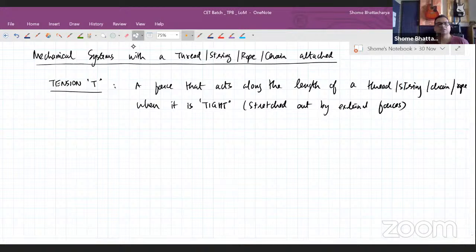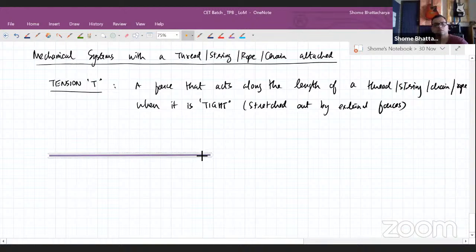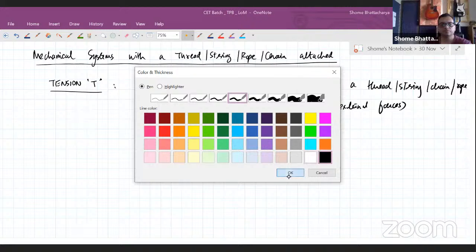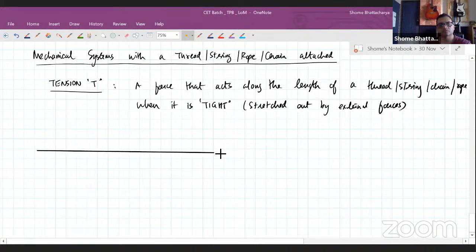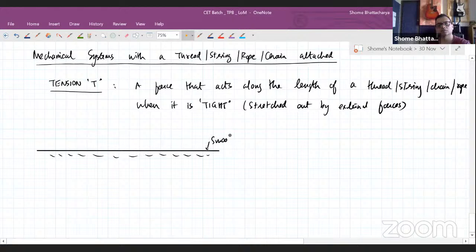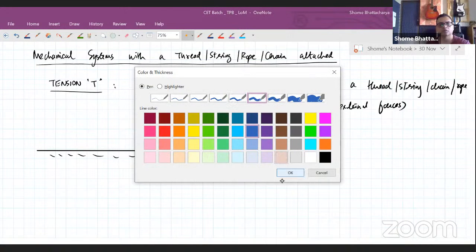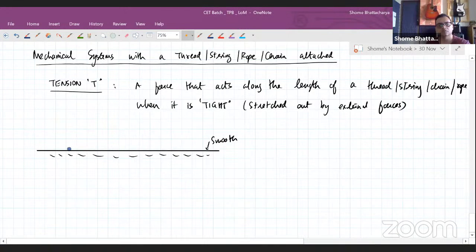So to understand this better, let's just look at the situation. You have, let's say on a smooth horizontal surface, you have just placed a rope loosely.